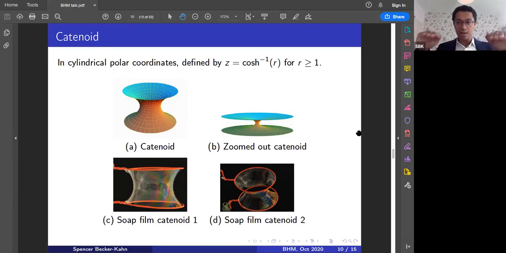So it doesn't actually flatten out and tend to some plane like that. It is actually increasing and increasing and tending to infinity in that direction, but very, very slowly. So when you zoom out homothetically, you'll see the two sheets get closer like that. So this is a nice, beautiful shape.